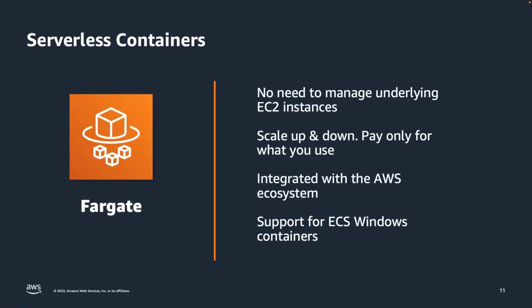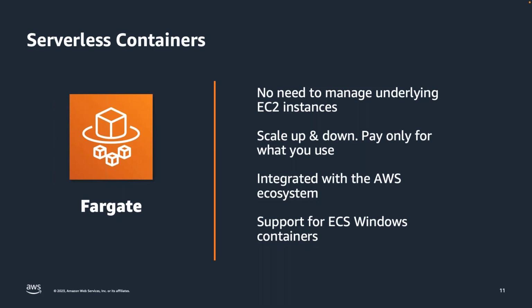So now let's talk about serverless containers. AWS Fargate is a serverless container platform that allows you to run containers without having to manage the underlying server. It frees you from the operational burden of managing virtual machines and provides flexibility to scale.